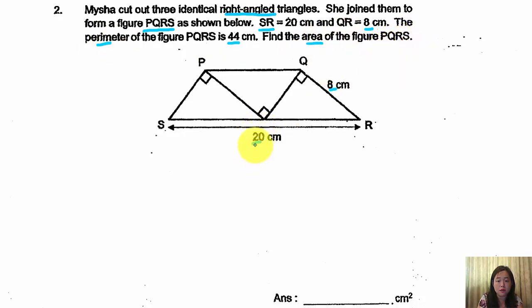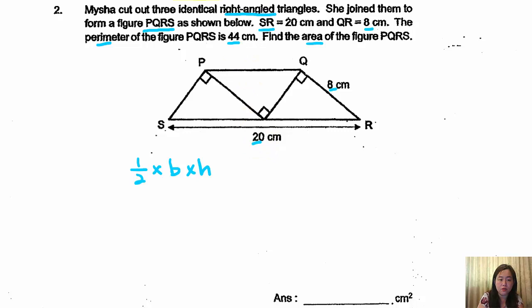The important concept that you need to know here is that to find the area of this figure, it is made up of 3 triangles. And the formula of a triangle is definitely half times base times height. Since these are 3 identical triangles, they share common base and common height.